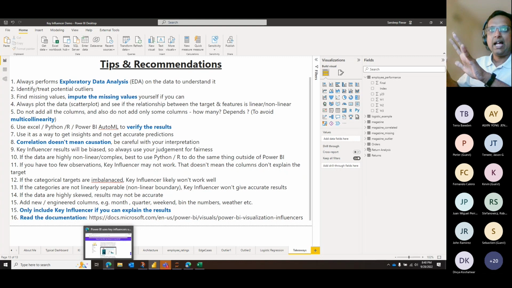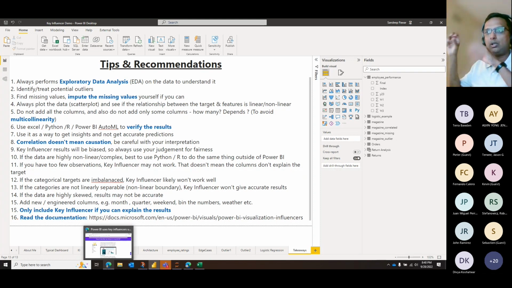The implication of that, again going a little bit technical here: if you have an imbalanced data set, meaning if you have loan default, for example, out of all of these million customers, there might be maybe only, I don't know, out of a million, maybe 100 default on their loan. You wouldn't use key influencer to understand something like that because of the skewness in the data.